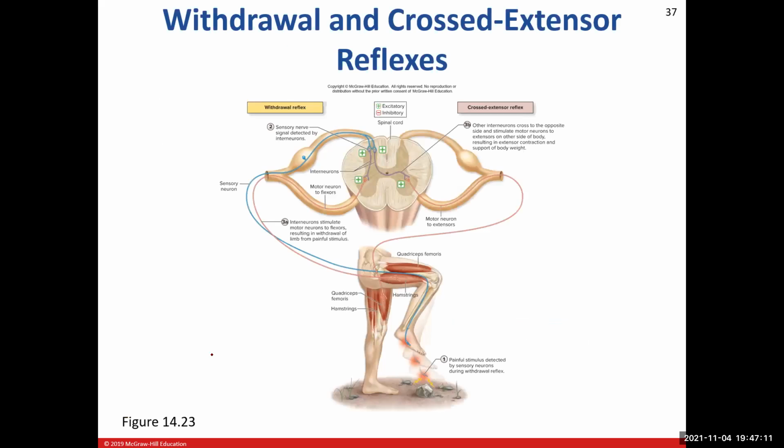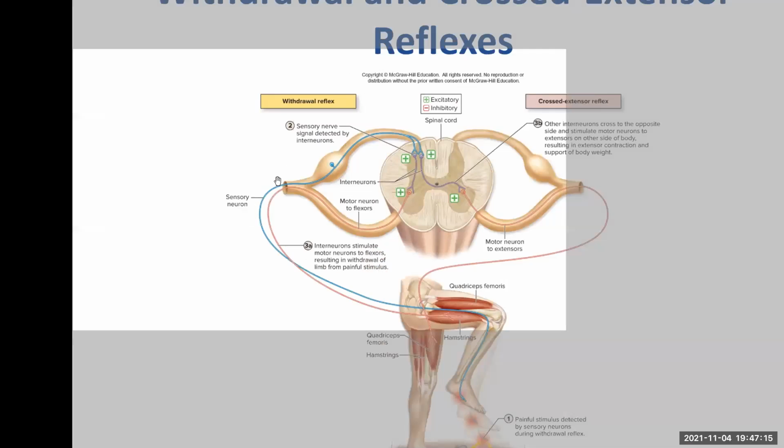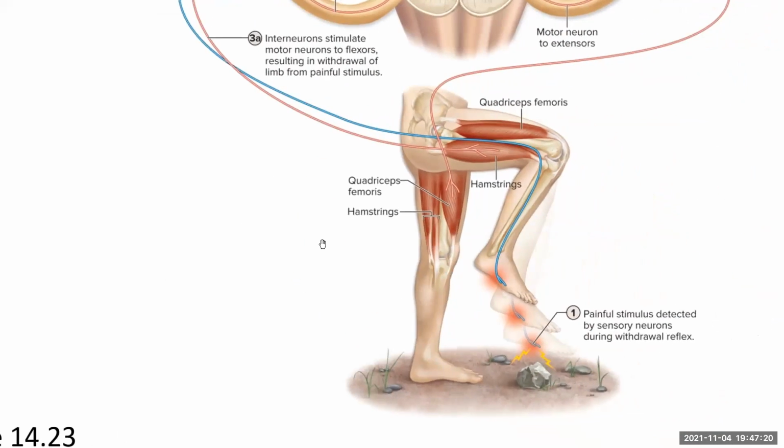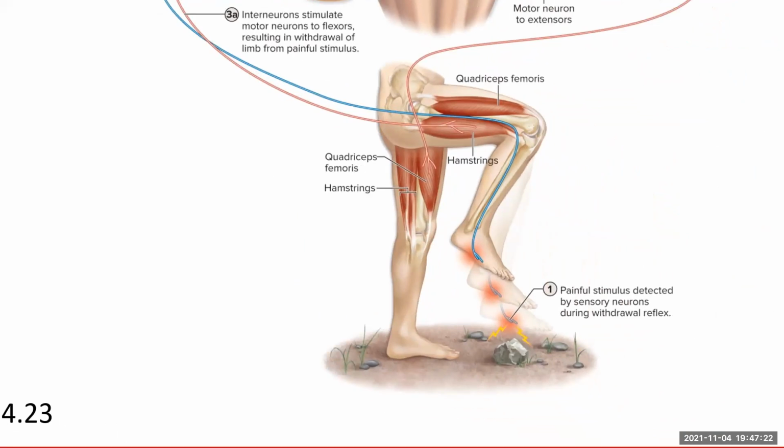So I'm going to show you just the withdrawal reflex first. Okay, so here you are, you're walking along, and for any of you that have ever stepped on a Lego in the middle of the night, you know what I'm talking about here. All right, in this scenario, we have a sharp rock, so you're out walking around barefoot. You step on that sharp rock.